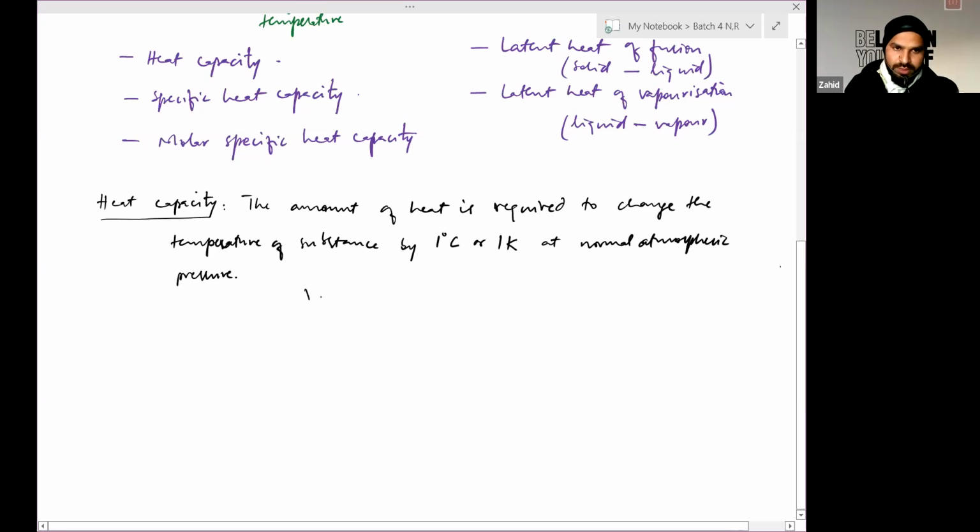So Q equals heat capacity constant S times change in temperature. So this S is called heat capacity. The SI unit related to this formula will be joule per Kelvin or per degree Celsius.